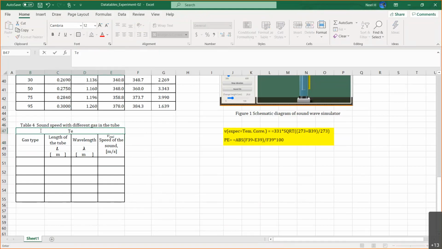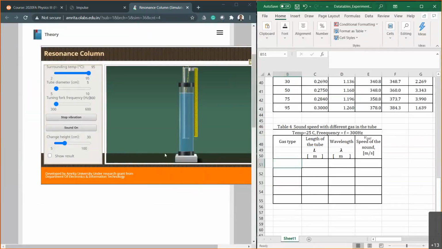Let's do it at room temperature, so temperature, let's say about 25 degrees C, and then frequency, let's do 300 Hertz, okay? So I just add this line right here, okay? And Ar we already did, right? So all the previous calculation for the Ar.